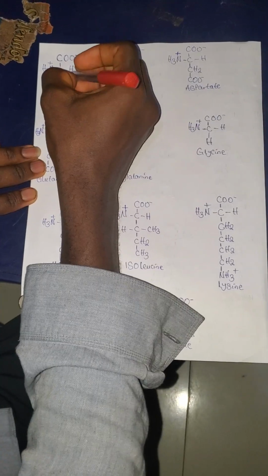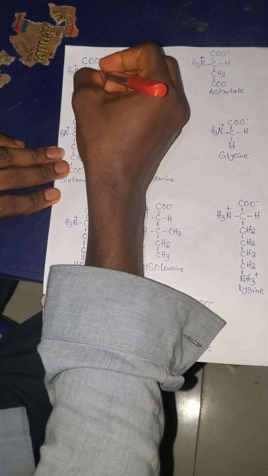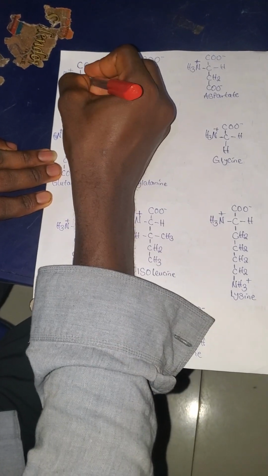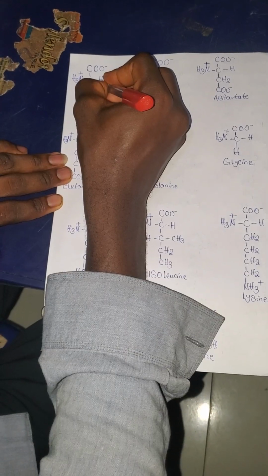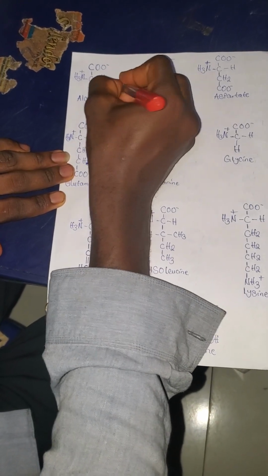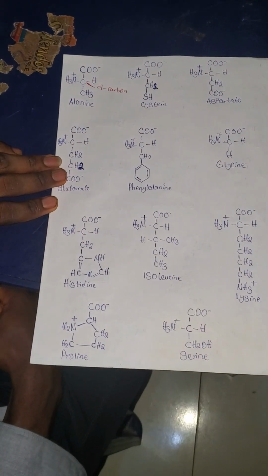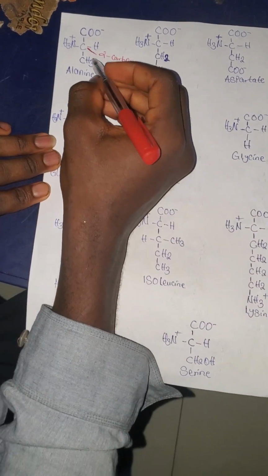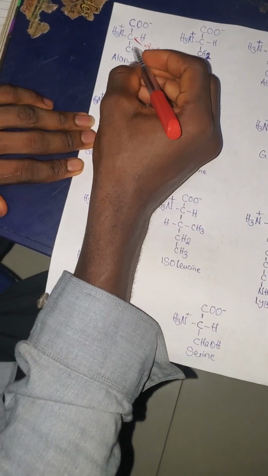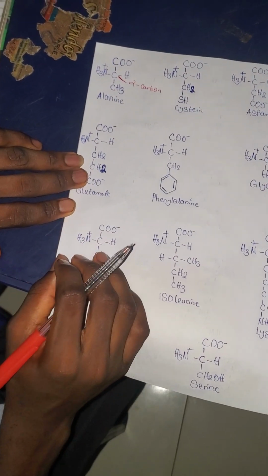Remember from our last class, we said the second carbon atom here is known as what? The alpha carbon. We say it is the alpha carbon. Are you getting it? It is the alpha carbon. All right. So now, if we move to another carbon, it is going to become a beta carbon.